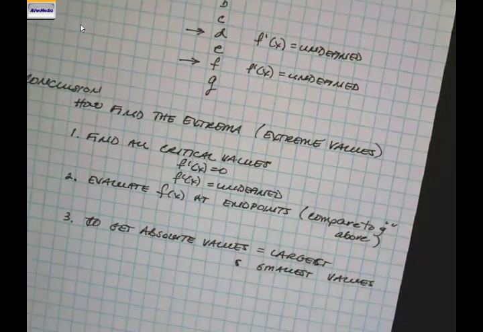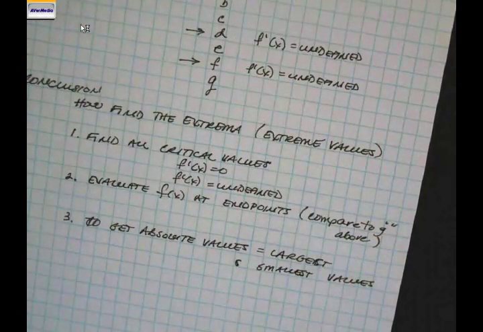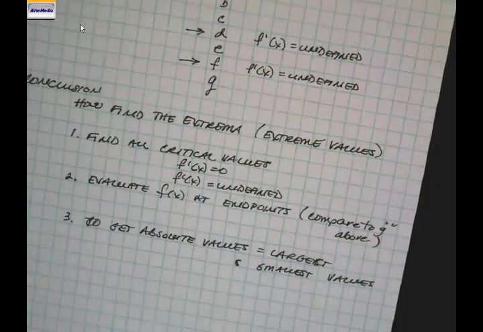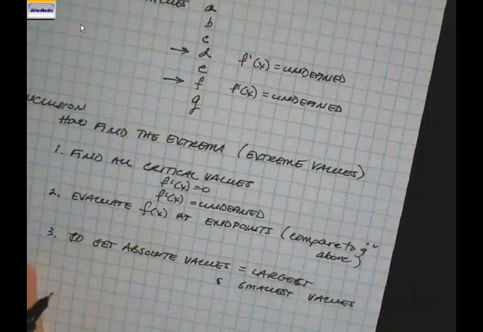Okay, so you find everything and you kind of consider them all local, and then you nail the biggest one and the smallest one as being the absolutes. Got all that?